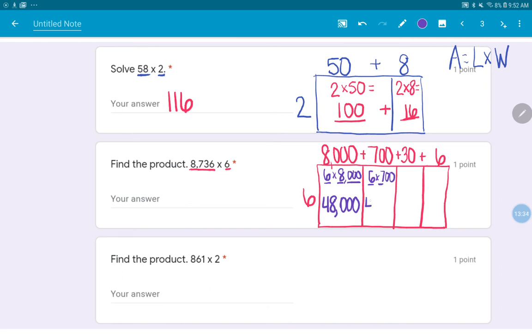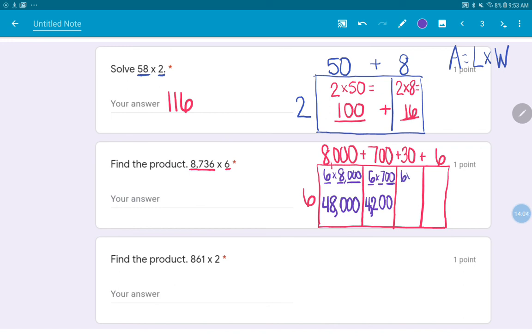And how many zeros do I need after 42? If I was multiplying 6 times 700, how many? If 6 times 7 is 42, I need to get 100 times bigger. So how many zeros would that be? 2. So 4,200.